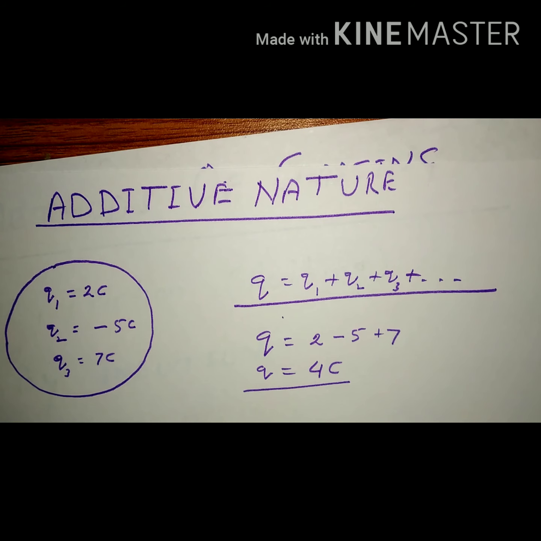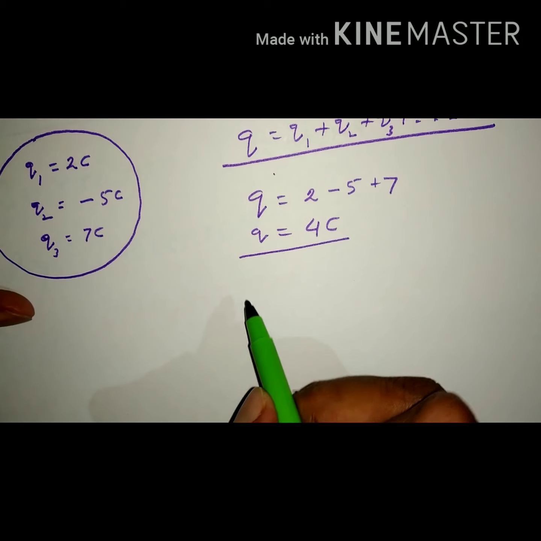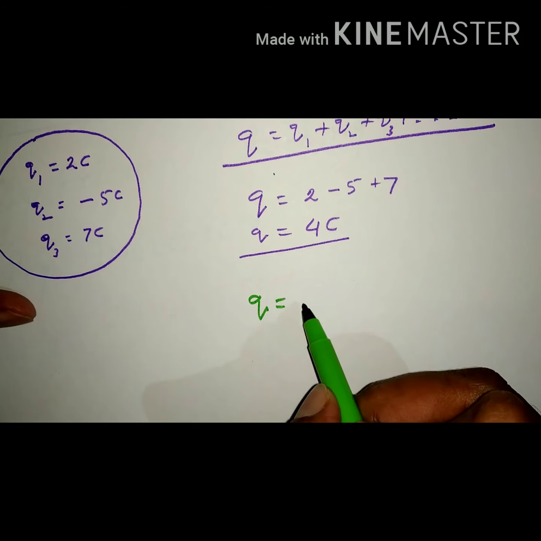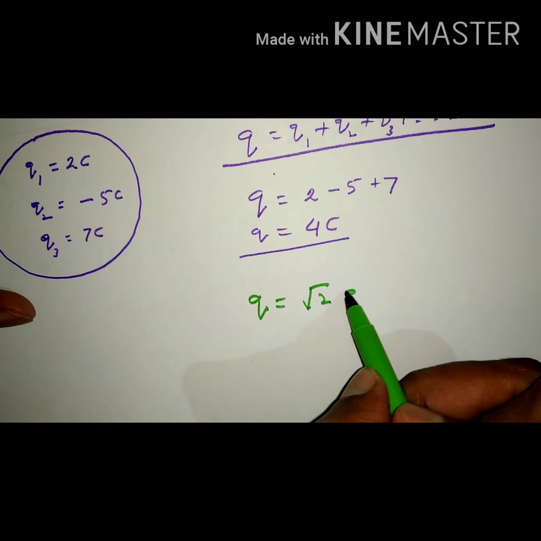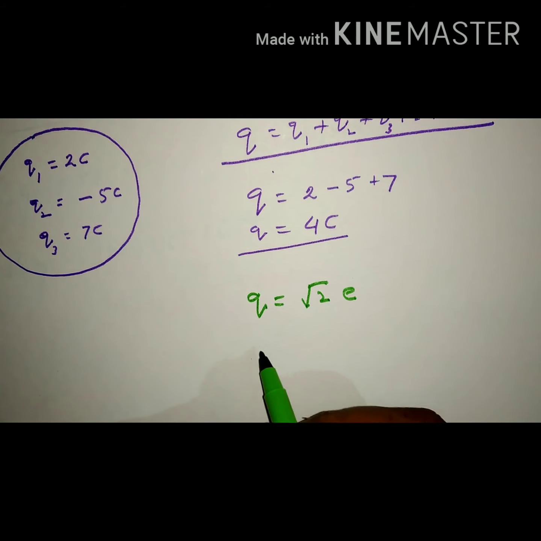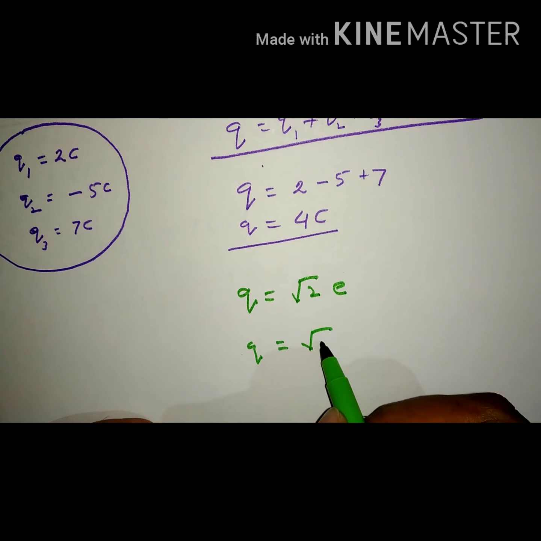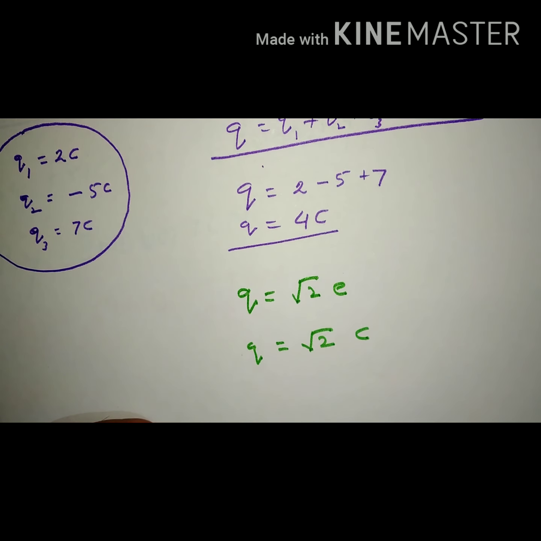Now the key points of this discussion: remember you would be given a charge Q equals root 2 e. Now just think yourself whether this charge is possible or not. Now you are given Q equals root 2 coulomb.